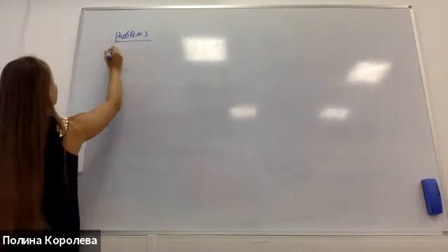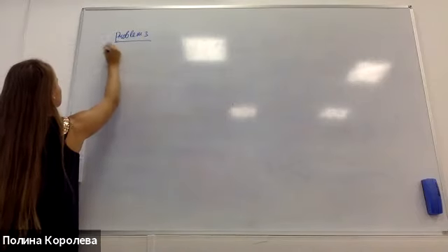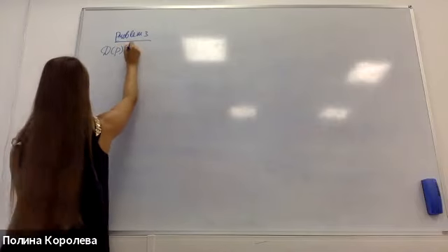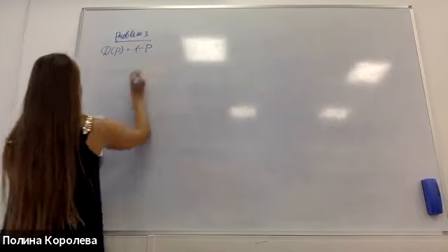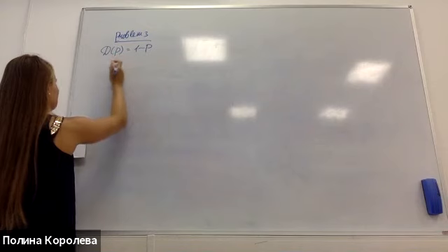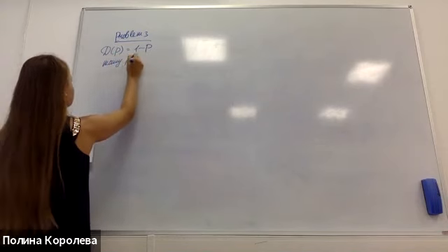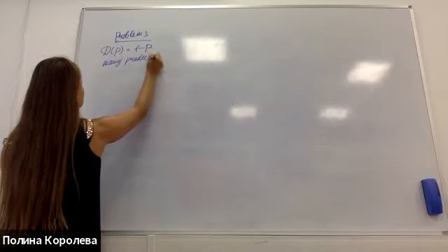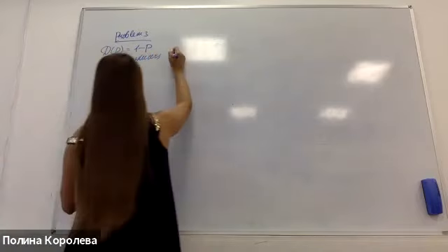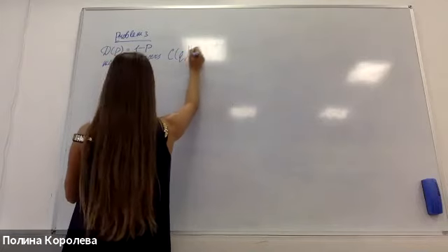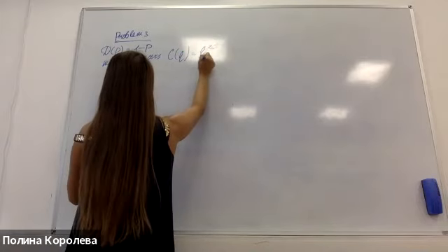What we know? We know the market demand is equal to 1 minus P. We have many producers. Each producer has total cost function Q squared divided by 2.